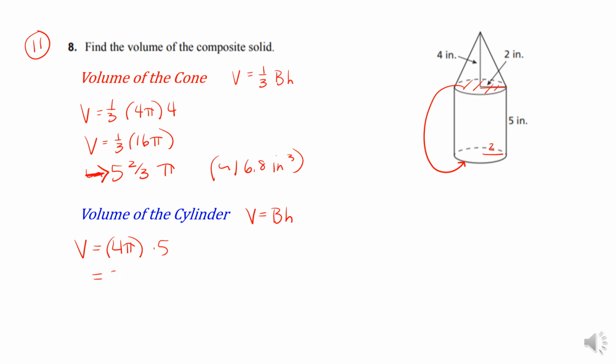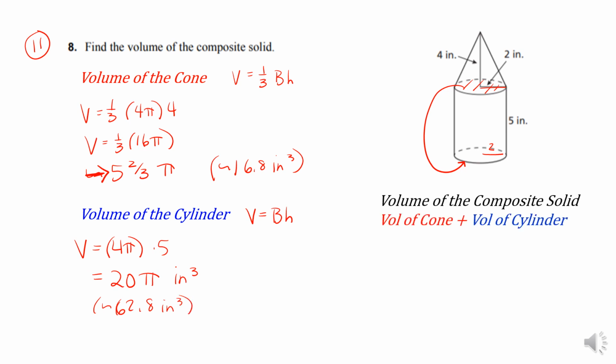So that is 20 pi, and that would be inches cubed. And that is approximately, if you want, 62.8 inches cubed. I like waiting until I'm all done to find the approximate measure.